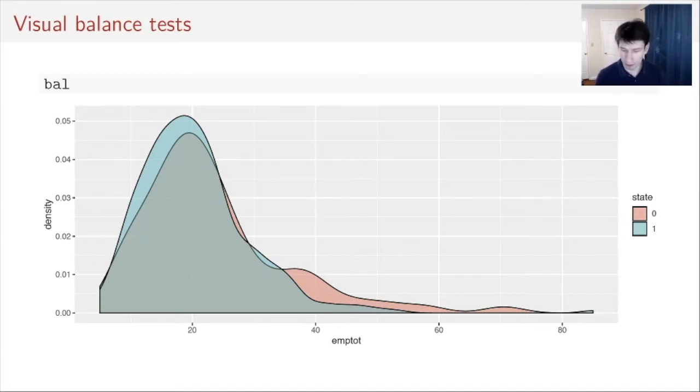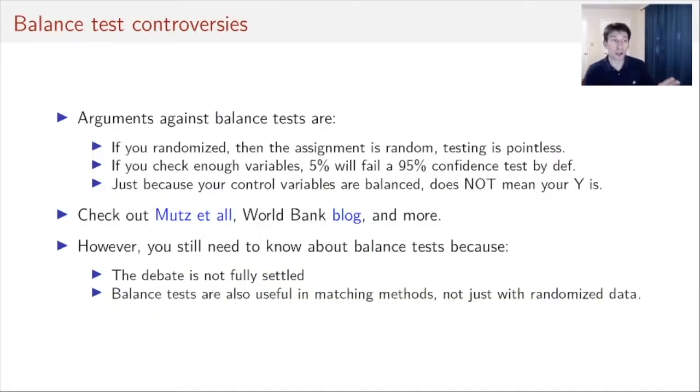Distributions are quite similar. It is important to know that balance tests are a little bit controversial. Not everyone agrees that balance tests are the best thing you can do, even though they're very commonly used. So one argument against the balance test is that if you did randomize, then the assignment is random and you should not be testing that.